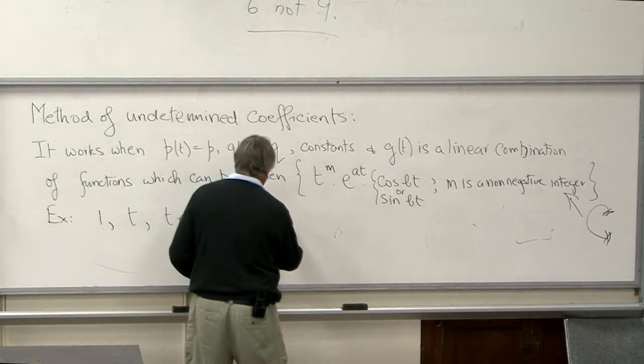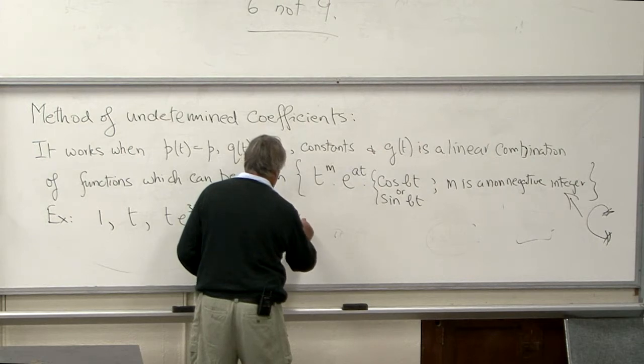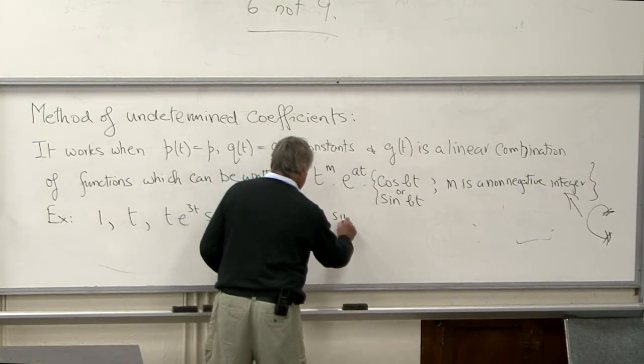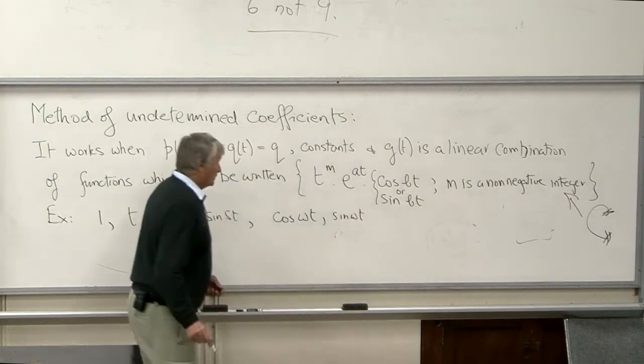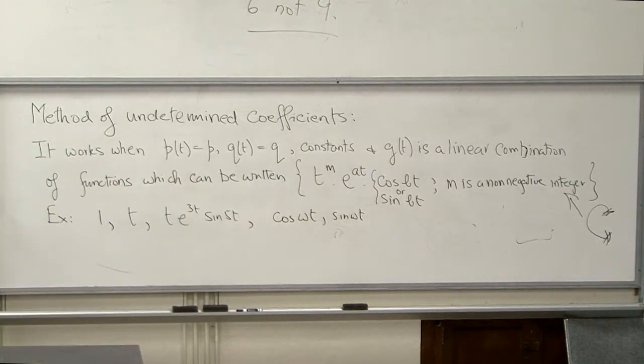The most interesting ones, we're going to be spending a lot of time, would be these ones: cos omega t and sine omega t. They're the ones which actually have the applications that we're going to be most interested in this class.